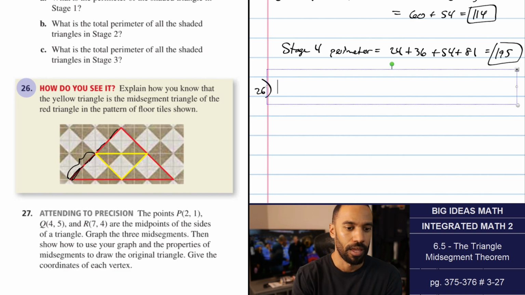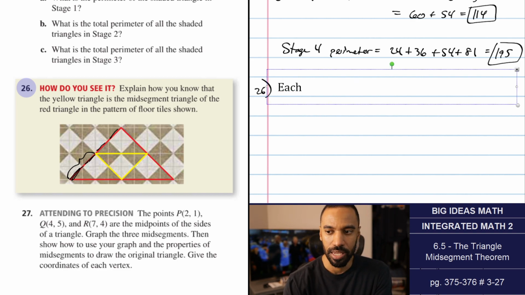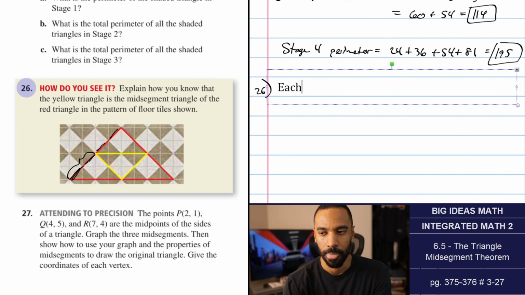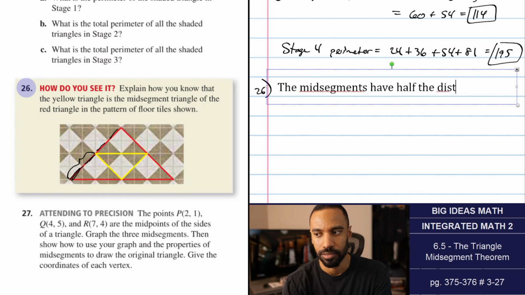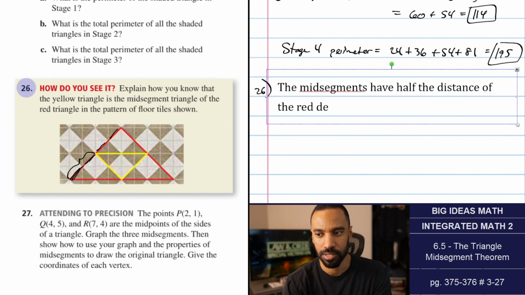So like I said, each triangle, the yellow sides, no, let's see, the mid-segments have half the distance of the red segments.